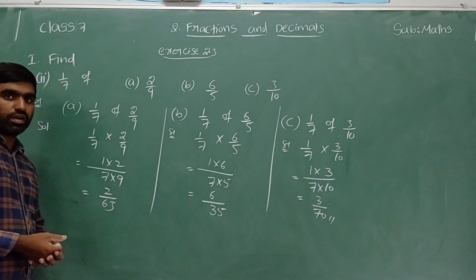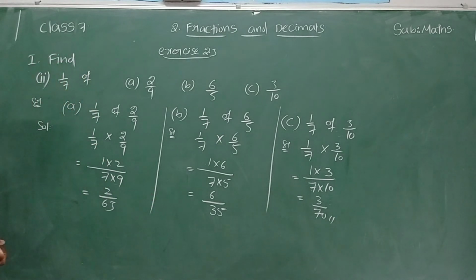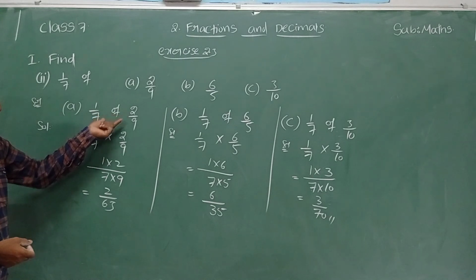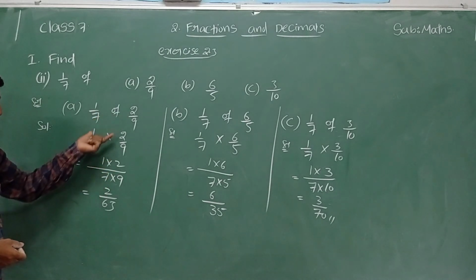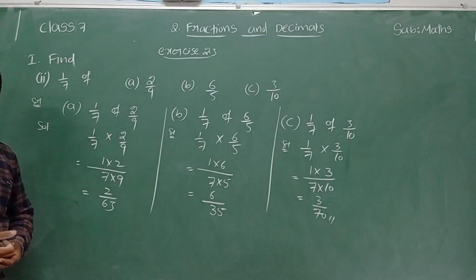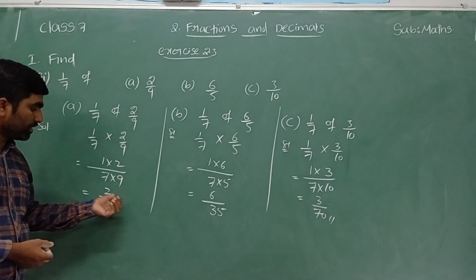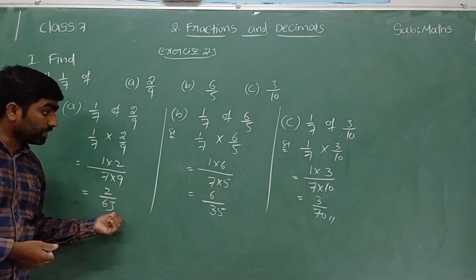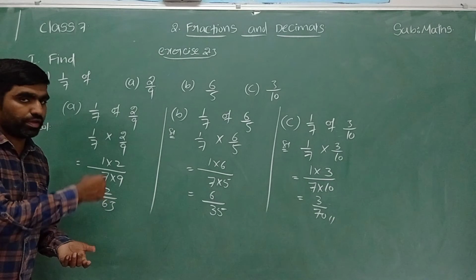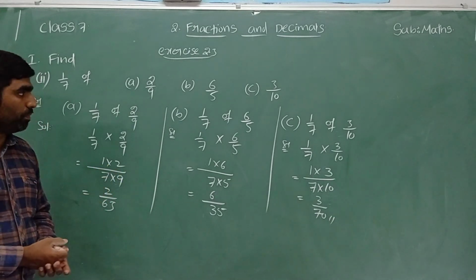That is the way to multiply the fractions. 'Of' represents multiplication, then multiply numerators, multiply denominators. Convert into lowest form. If the result is an improper fraction, we have to express it as a mixed fraction.